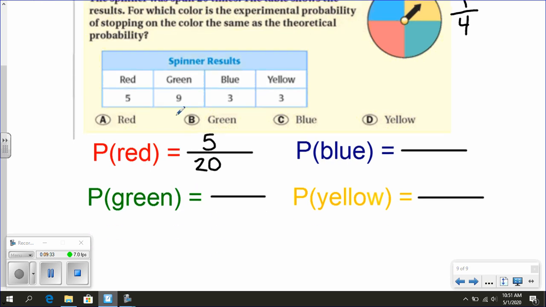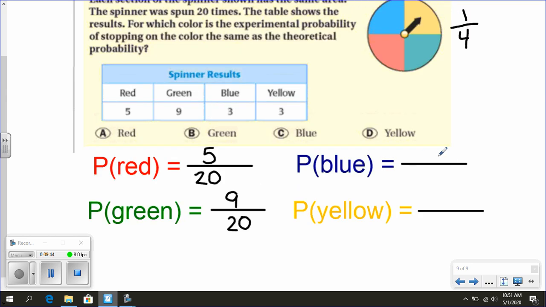We see that green, it was 9 times, and we spun the spinner 20 times. Blue, landed on blue 3 times. We spun the spinner 20 times. And then finally yellow, it landed on yellow 3 times, and we spun 20 times.